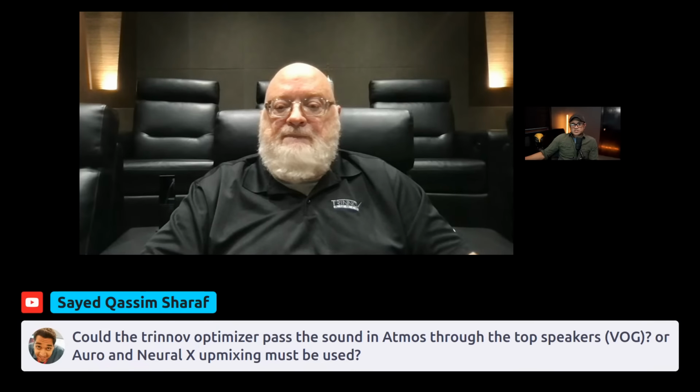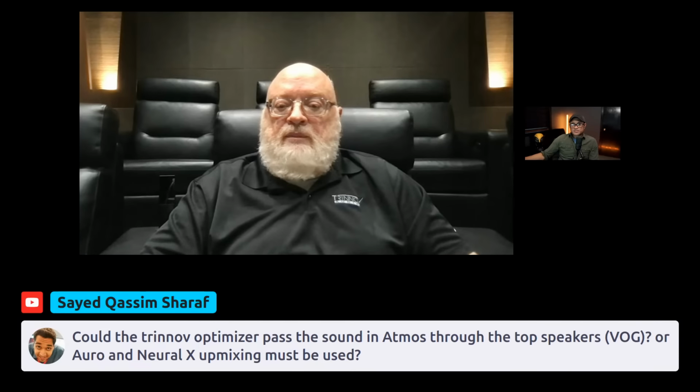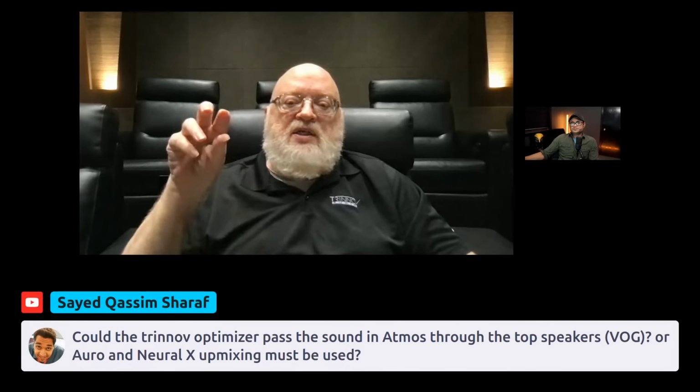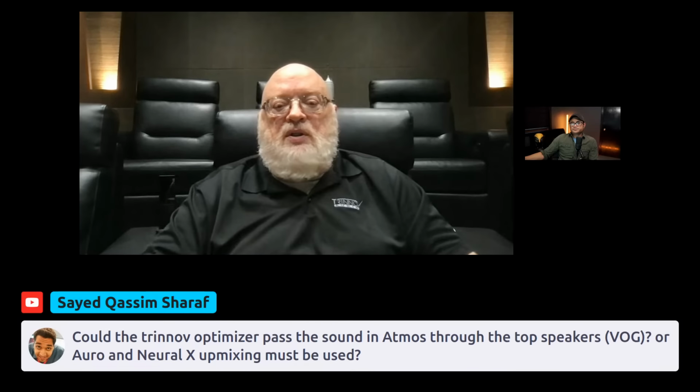Could the Trinnov optimizer pass the sound in Atmos through the top speakers, VOG, or must Auro and Neural:X upmixing be used? It's not the optimizer. The full name of the optimizer is the speaker room optimizer, so it's not an upmixer.